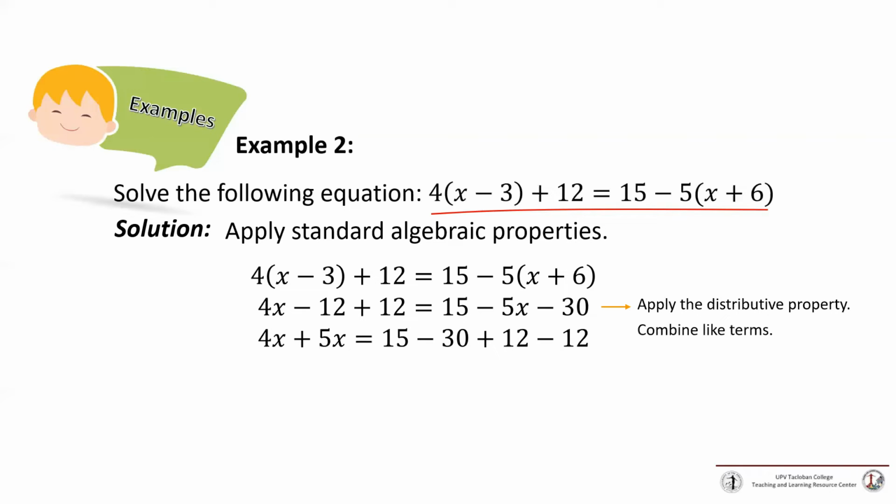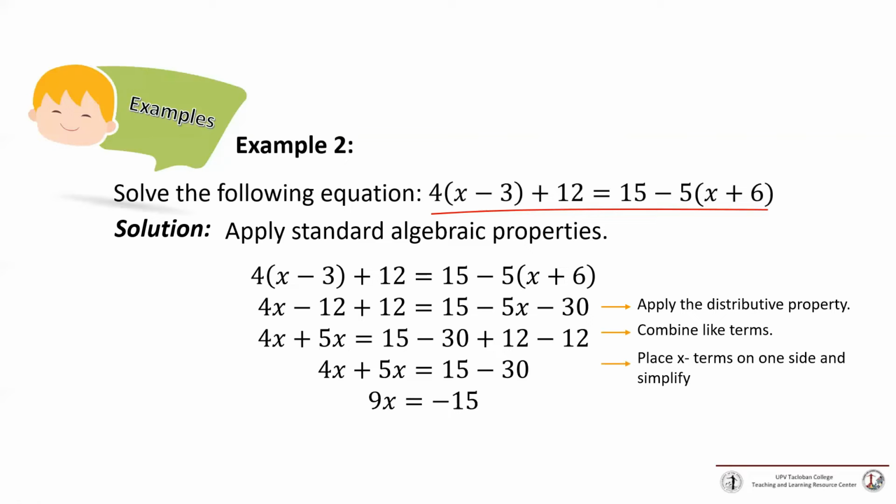This is combining like terms. So 4x plus 5x is equal to 15 minus 30, because 12 minus 12 is 0 on the right side. So we only have 4x plus 5x on the left side, which is equal to 15 minus 30 on the right side. So we place x terms on one side and simplify.